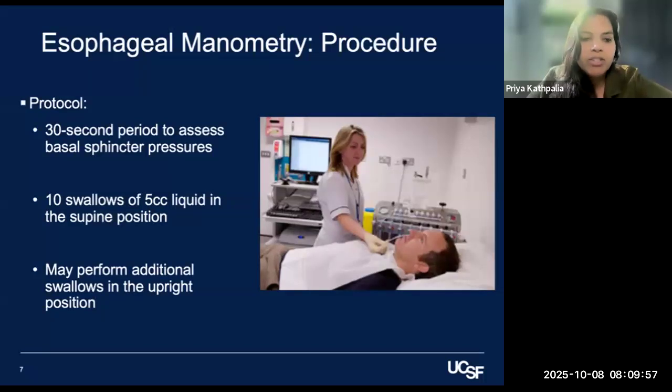So we might have the patient do various protocols depending on what their symptom presentation is. But in general, they are required to do 10 swallows of 5 cc's of liquid in the supine position. And then provocative maneuvers entail additional swallows in the upright position. But like I said, depending on what we're trying to do, we may try to stress the esophagus further and give them crackers or applesauce to try to bring about a motility disorder.